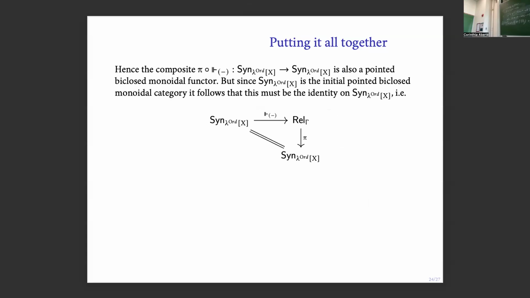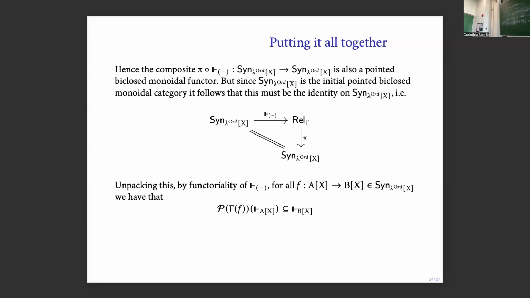But since syn of lambda x is initial, there's only one endomap like this, and it has to be the identity. So this composite has to be the identity on the syntactic category. So what we have here is that this map, this V' map, is a section of pi.